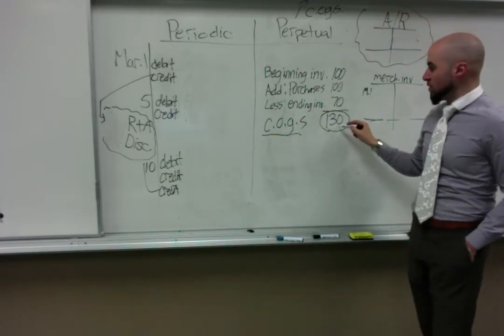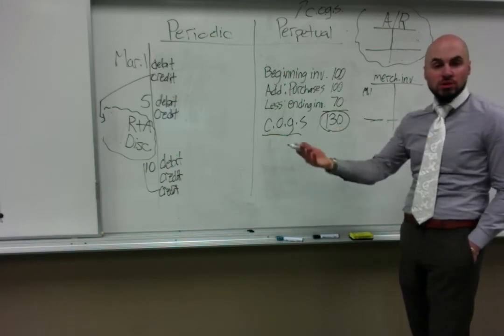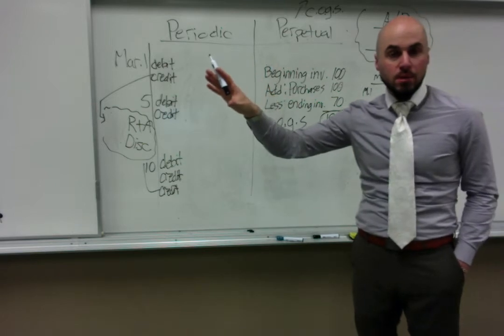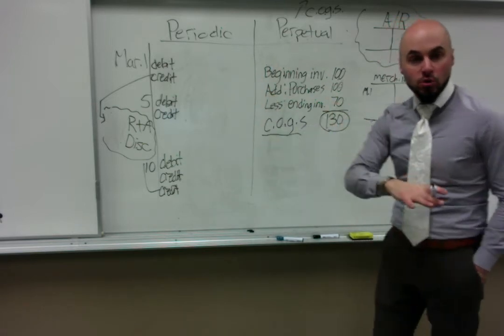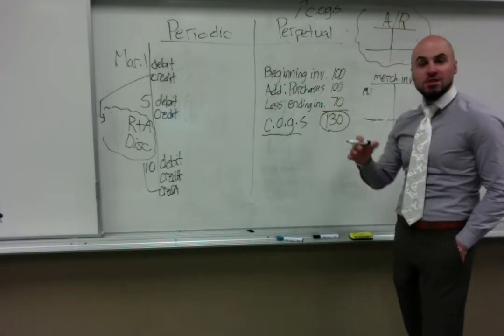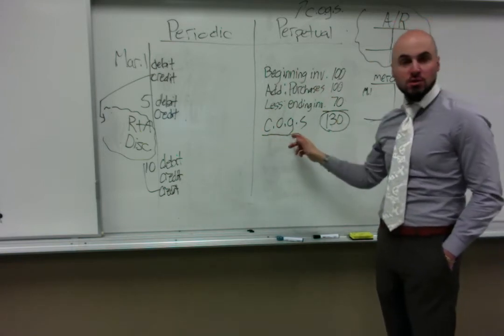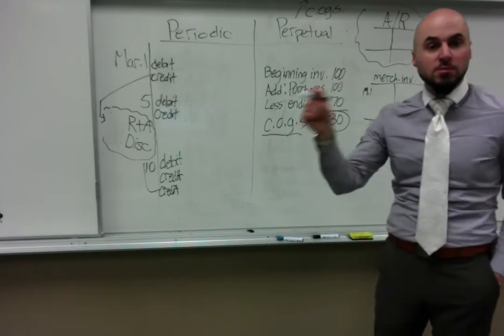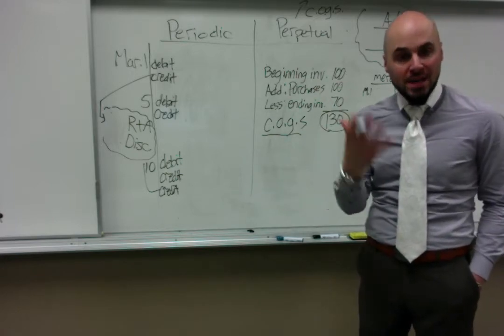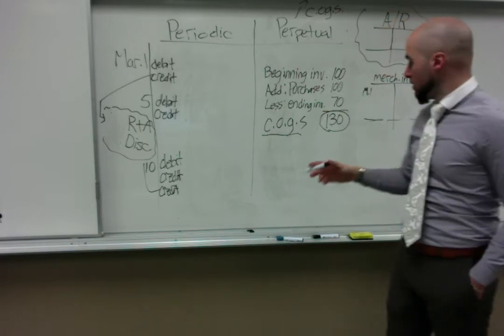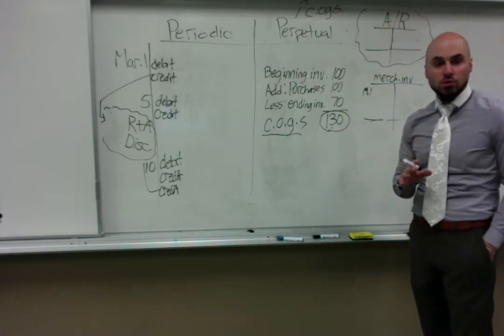So this 130 represents how much we paid for what we sold. Let's say we sold all of that for $500. The $500 is the revenue, and the 130 is the expense in the form of cost of goods sold, which is the specific expense. That's, in essence, what cost of goods sold is, an expense. Okay? Our cost of what we sold.